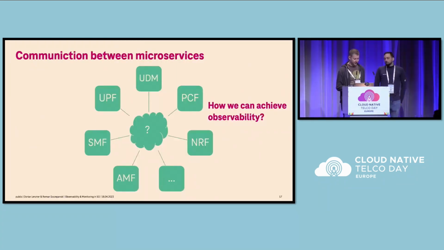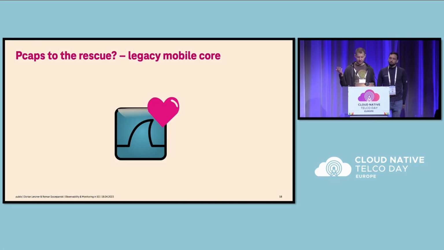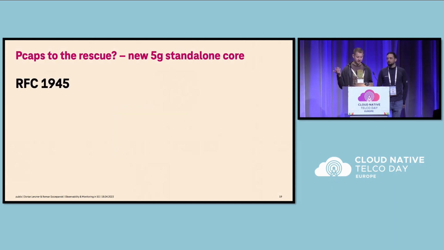Okay, before I come to the special guest, I want to talk a little about our network functions. We, of course, have a multi-vendor network function system here. And the question is now, they need to talk to each other, but how can we achieve some observability between them? So in the good old legacy world, everyone loves the PCAP, right? But if we look at 5G standalone, with all these new services, we have some RFC 1945.